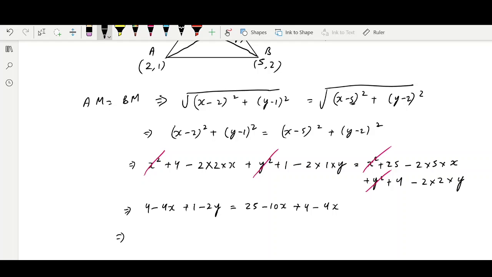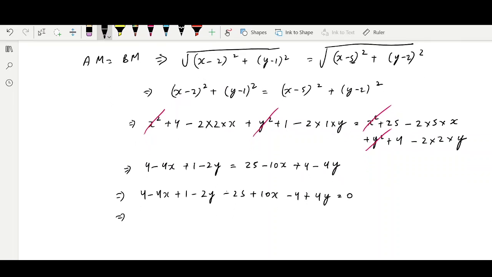Sorry, this is y, this is 2 into 2 into y, so this will be minus 4y. We'll take all the terms to the left hand side. We'll get 4 minus 4x plus 1 minus 2y minus 25 plus 10x minus 4 plus 4y equals to 0. Now if you simplify this, you'll get 4 plus 1 is 5, minus 25 is minus 20, minus 4, minus 24. You'll get minus 24.